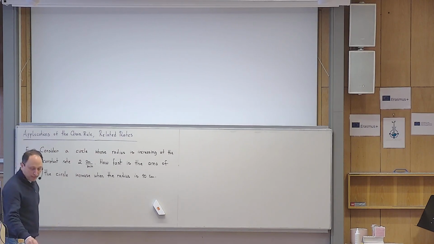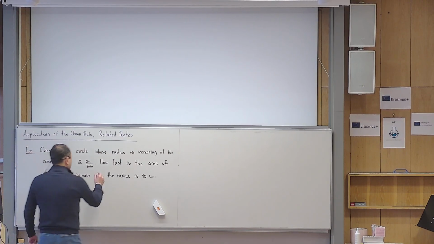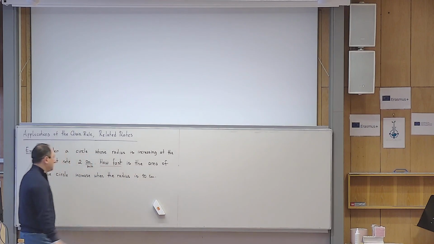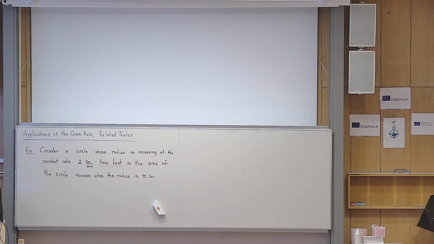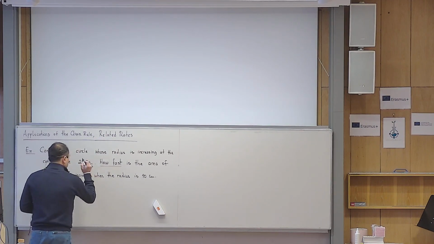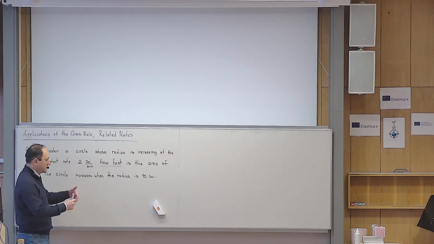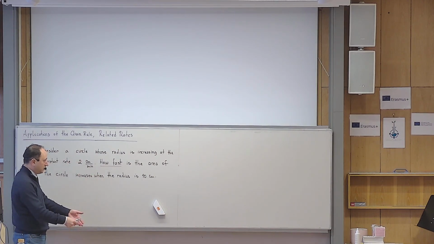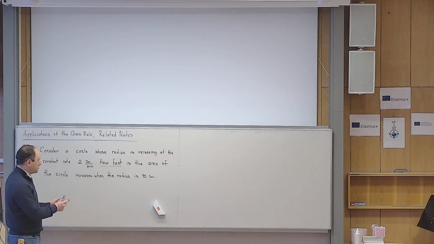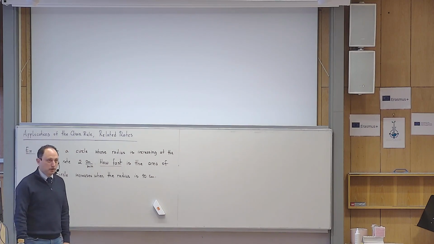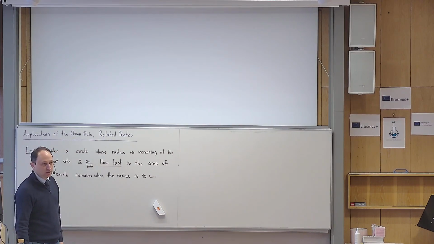So now the phrase: how fast is the area of the circle increasing when the radius is 10 centimeters. Implicitly, it means that the radius is smaller than 10 right now. But when the radius reaches 10 centimeters, you want to see how fast the area is changing.